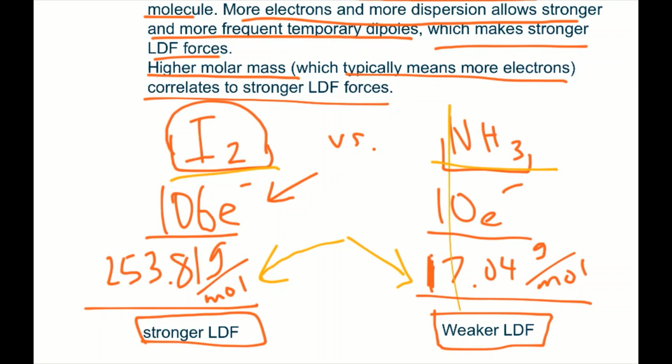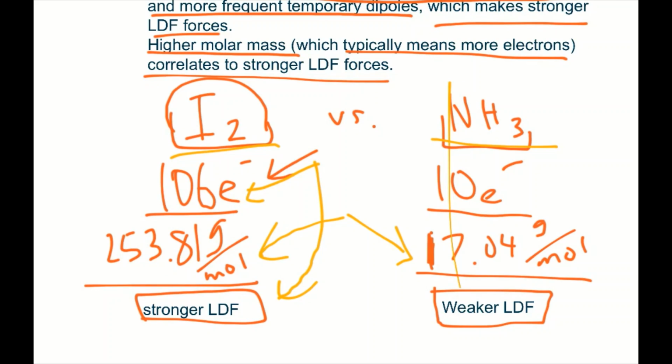Instead, you have to explain why the LDF forces for I2 are stronger in terms of electrons and how many there are, and how more dispersed electrons means that there could be more frequent distortions in the electron clouds, which means more frequent partially positive and partially negative ends on the electron cloud.